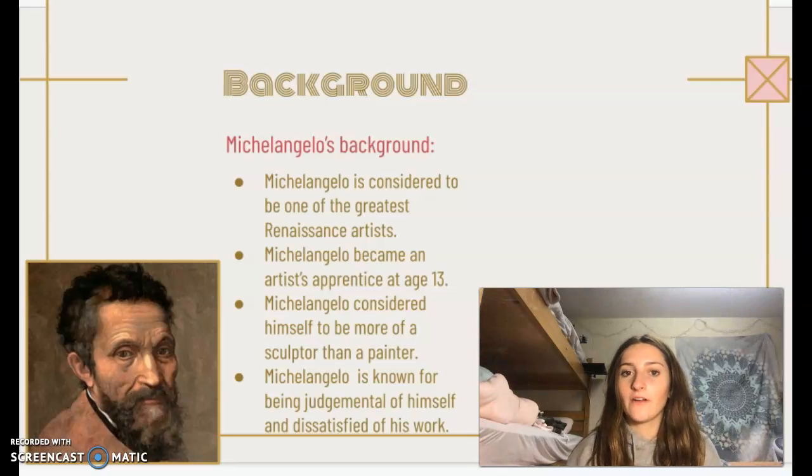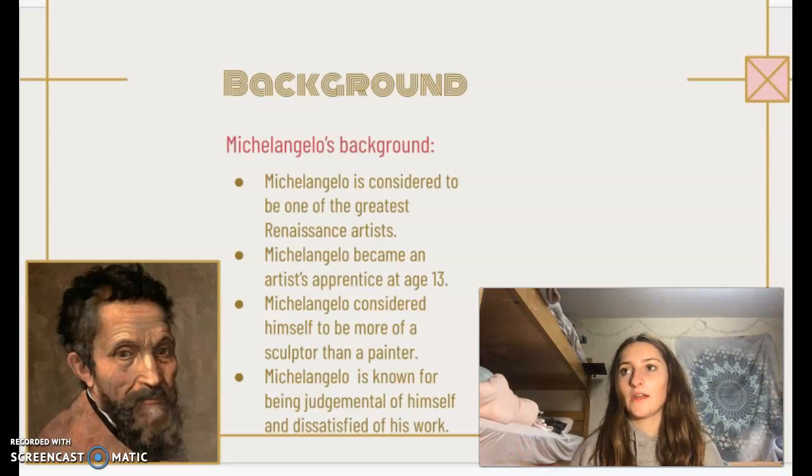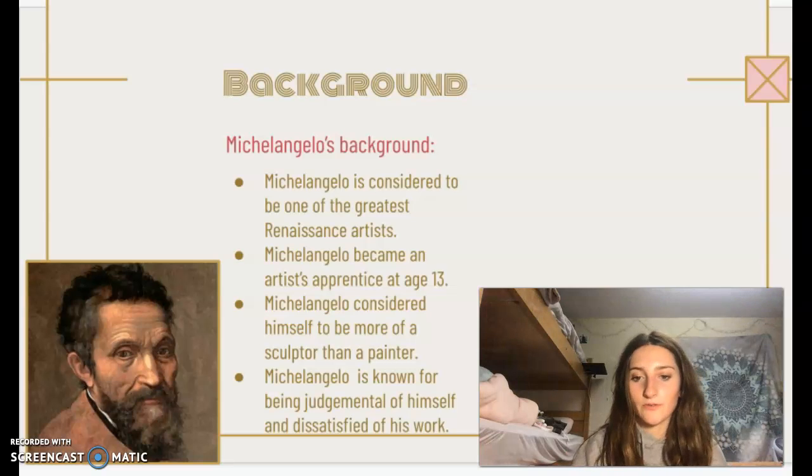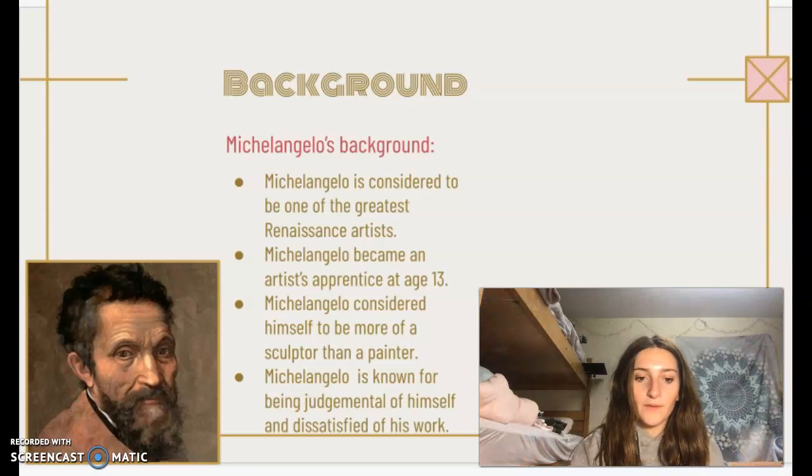So he started very, very young and has worked a long time to get to where he ended up. With that, Michelangelo was actually very harsh on himself and especially judgmental of his own work. Rather than being proud of himself and appreciating his work, he would immediately pick out something that was wrong with it, and nothing was ever done well enough for him.